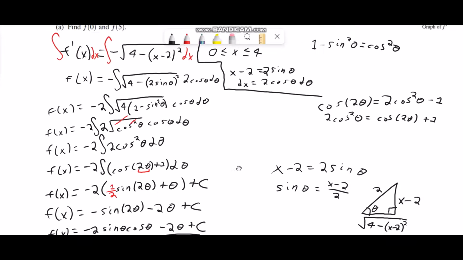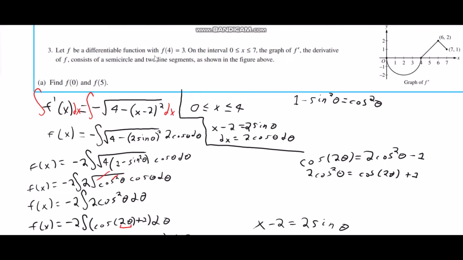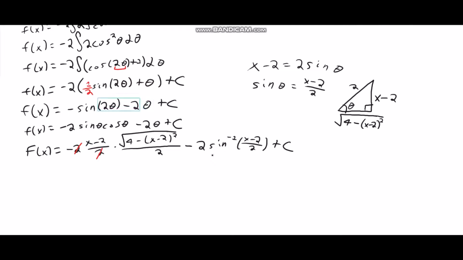So the initial condition, go way back up to the top to find it, was f of 4 equals 3. Let me write that down here. So we have f of 4 equals 3. All right, so f of 4, so I plug 4 into all the x's right here.